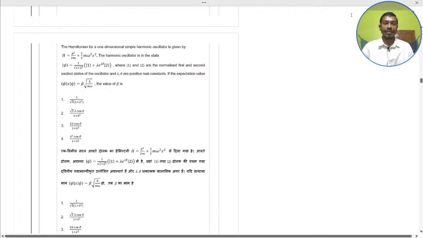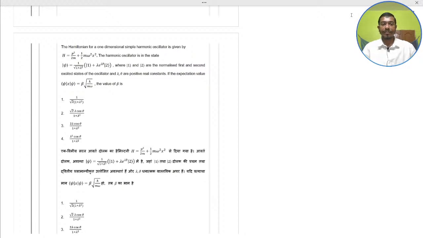Next, go ahead. The Hamiltonian for a one-dimensional simple harmonic oscillator is given by this one. The harmonic oscillator is in the state psi, given here. Kets 1 and 2 are the normalized first and second excited states of the oscillator, and lambda and theta are positive real constants.